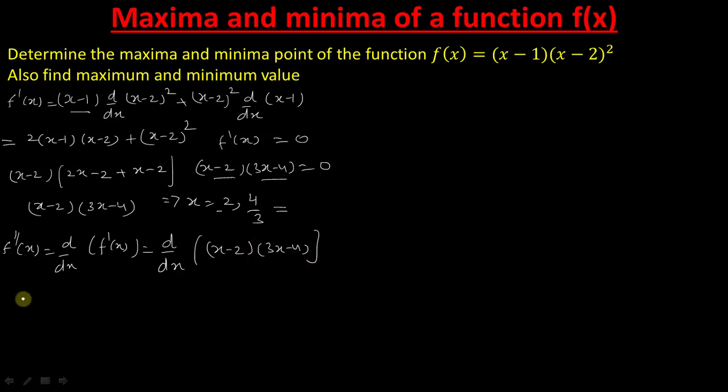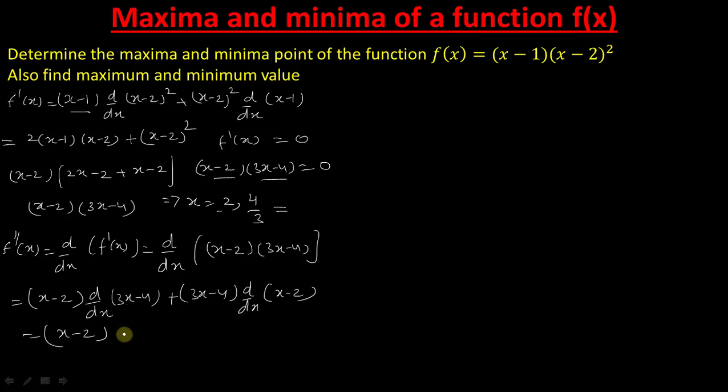Again we will apply the product rule, so it is (x minus 2) as it is, derivative of (3x minus 4), plus (3x minus 4) as it is, derivative of (x minus 2). So it is (x minus 2), derivative of 3x is 3, derivative of 4 is 0, plus (3x minus 4) as it is, derivative of (x minus 2) is 1, derivative of 2 is 0, derivative of x is 1, so plus (3x minus 4).